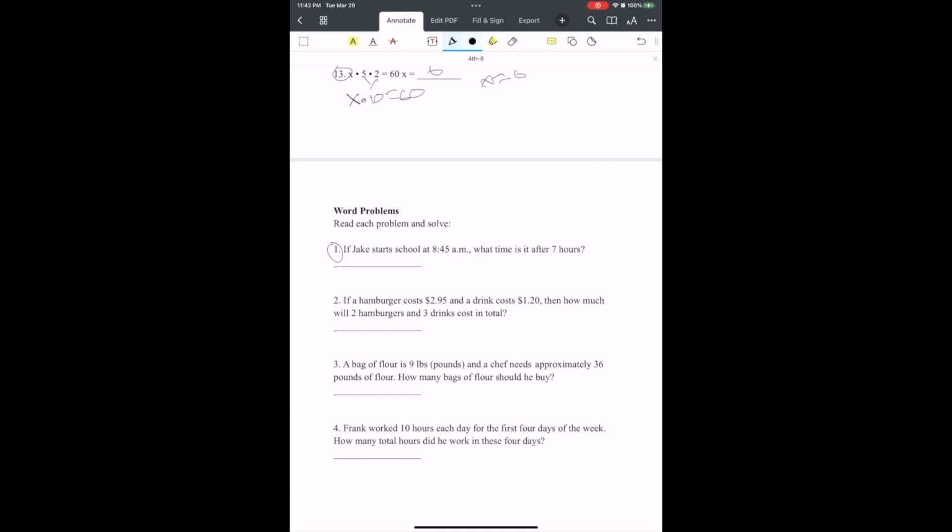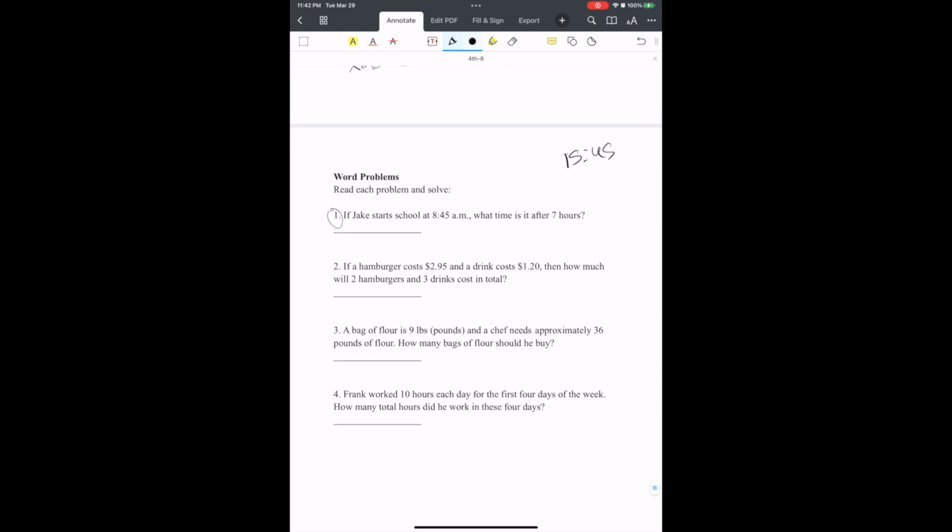It'll be 15:45. However, 15:45 isn't a real time. However, one thing we do know is that if we add 7 hours, it's going to go from AM to PM.